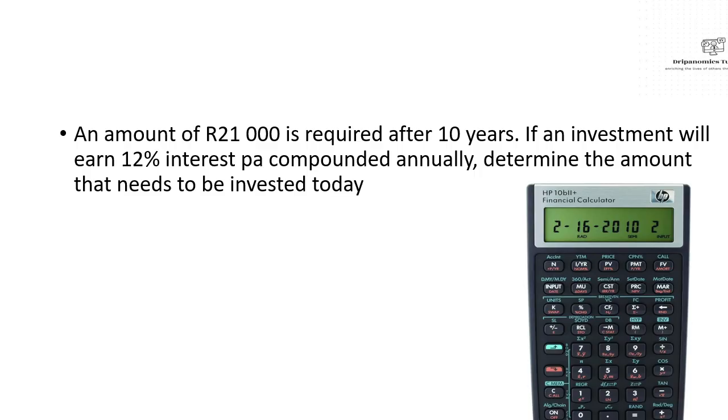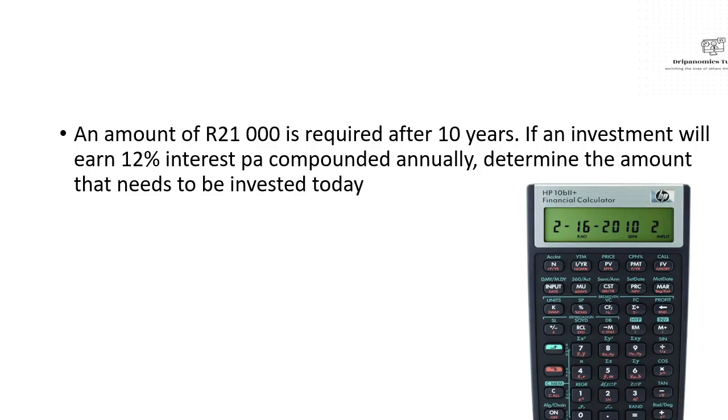So we've been given an FV, or future value, of 21,000 rands, and the number of years, 10. But are these years going to be our n, or would we need to multiply them with something else? It says 12% interest per annum compounded annually. So n will be 10, because it's 10 times 1. There's 1 year in a year.